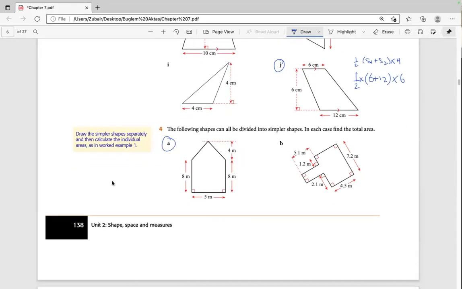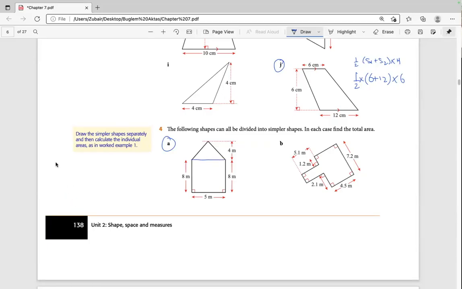4a. How will you deal with this? Well, I can change it into two different shapes, a triangle and then a rectangle.